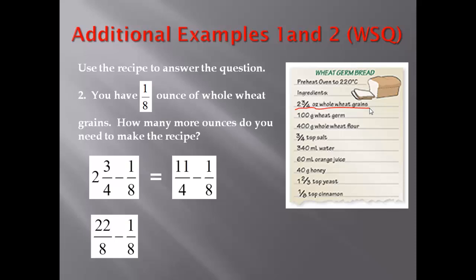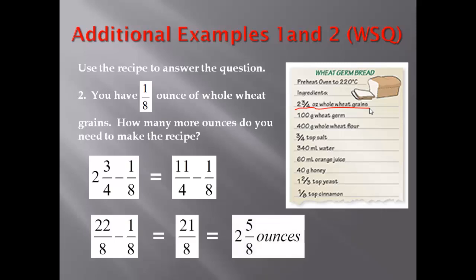So 11/4 would be multiplied by 2 to give us 22/8. And 22/8 minus 1/8 is going to be 21/8, and that equals 2 5/8 ounces. So 2 5/8 is how much we need to make the recipe.